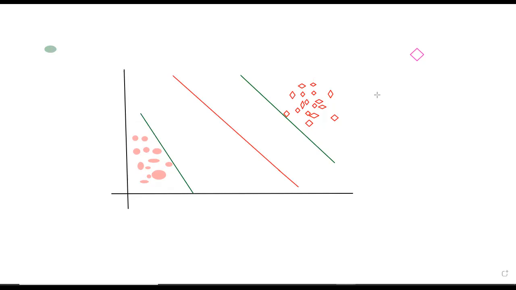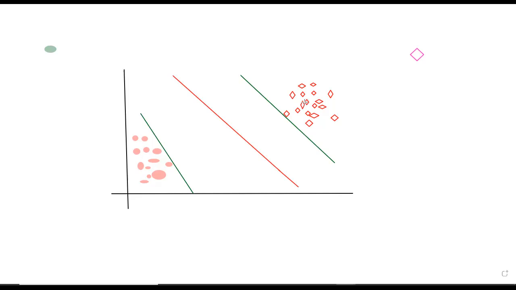So the support vector machine says that you have to draw the support vector, meaning you have to draw this kernel in such a way that it touches the last data point, so that any new data point that comes will always be classified correctly. Now the question is, what if we do not use this line?